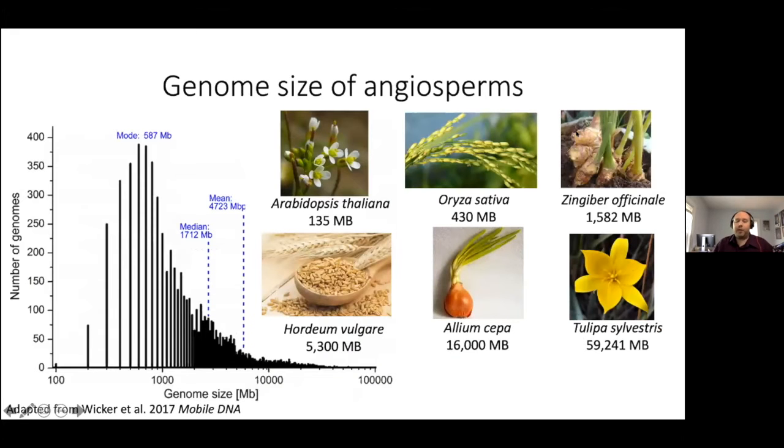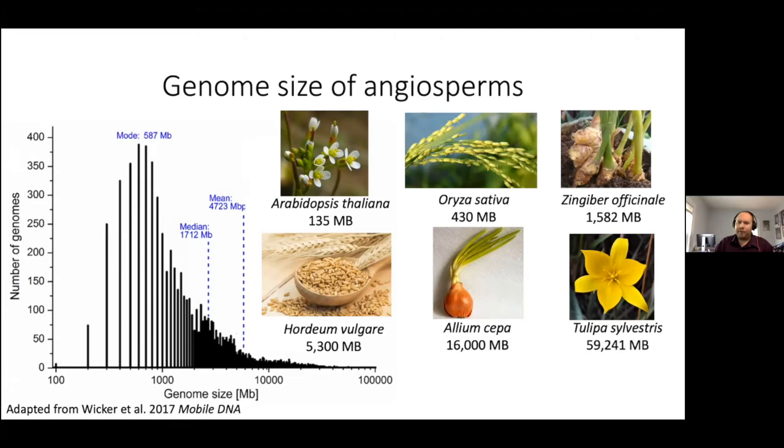Well, for the plants, specifically angiosperms, which is what I study, versus the species that Fei studies, our genome sizes can vary quite a bit across the angiosperm tree of life. The model species Arabidopsis, 135 megabases, rice around 430 megabases, which is close to the mode that you see in the angiosperms. And then you start getting into bigger and bigger things.